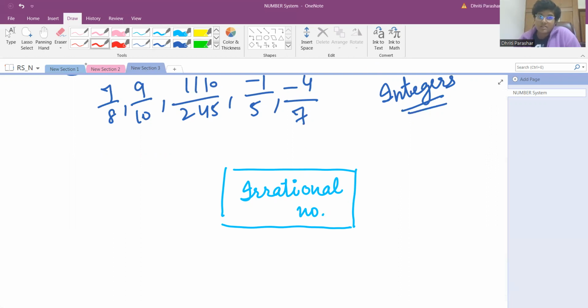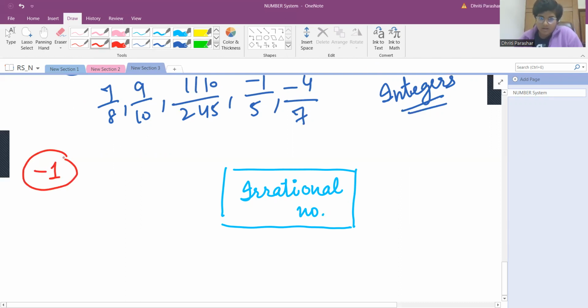The question that arises now is, how is minus 1 a rational number? It is not in the form of p by q, it is just minus 1. There's nothing in the denominator. Well, such a number can always be represented as minus 1 by 1, because if something is divided by 1, it remains the same.